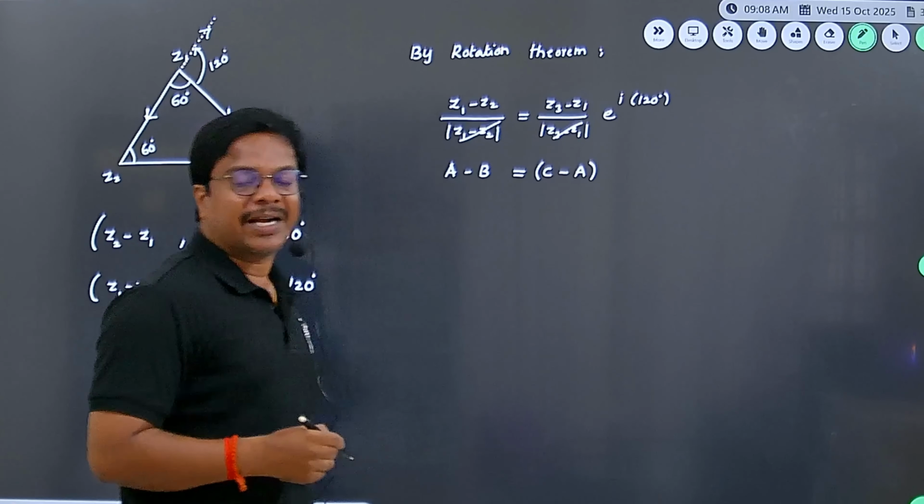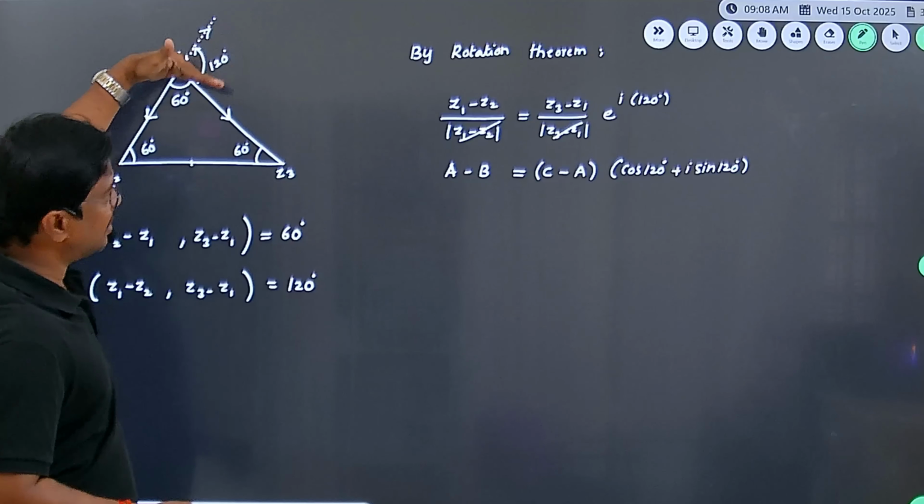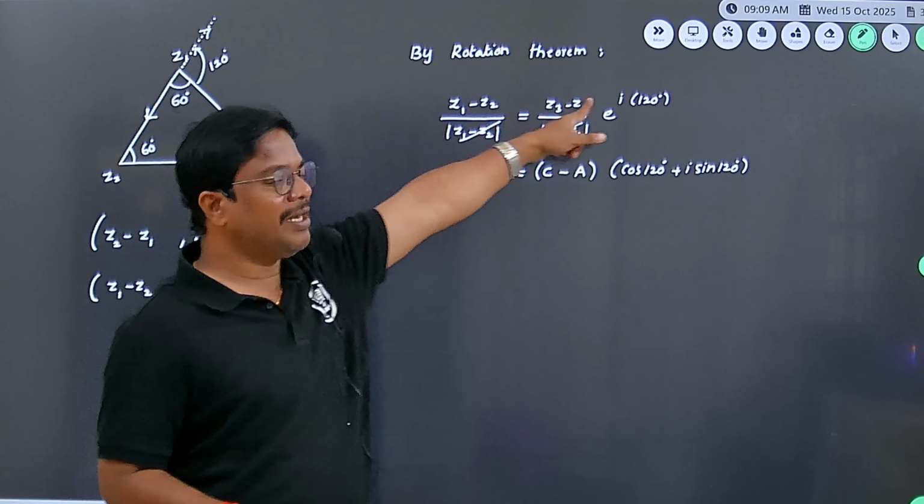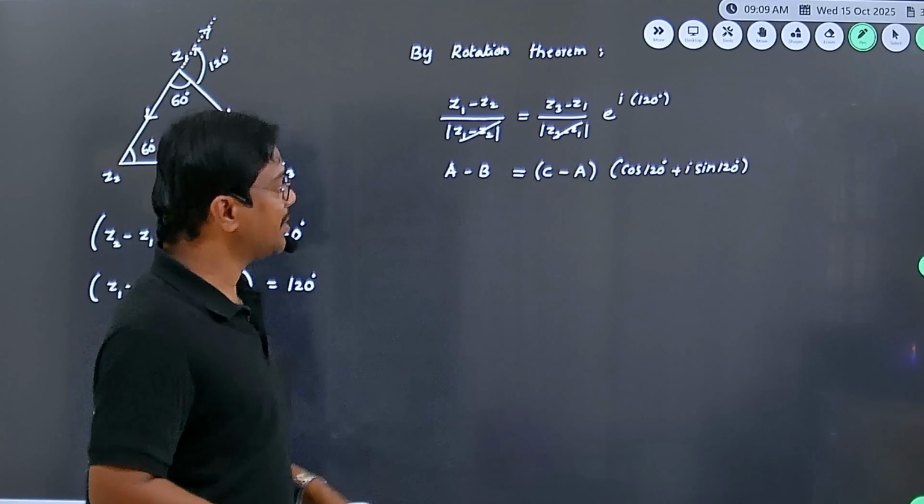If the direction is reverse, then you will get minus angle, so minus 120. That gives the second result. Now in the anti-clockwise sense it is 120, but you may calculate clockwise also. In that case you have to write minus 120 degrees. Just the first result we are going to prove.